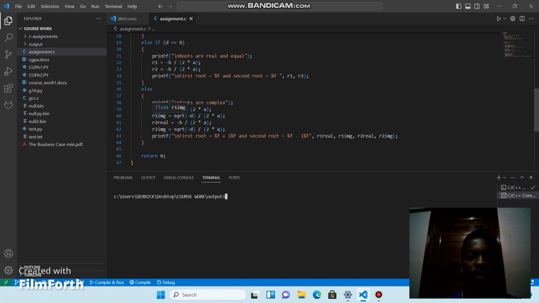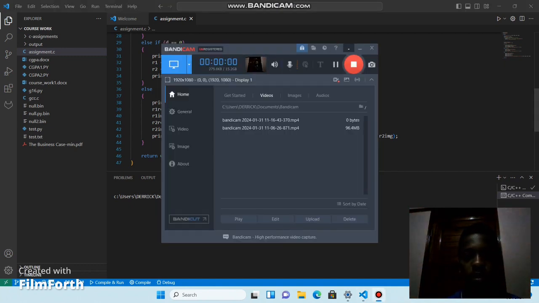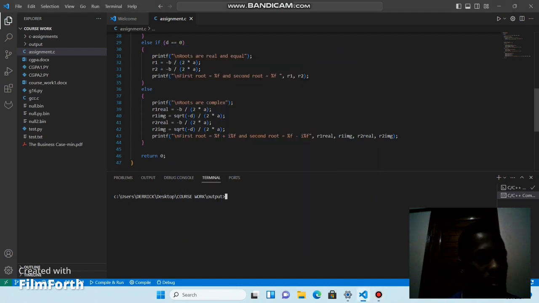Then for r1, the imaginary part, negative b is equal to 0, then we take the square root of the determinant divided by 2 times a, which is the same for root 2 and root 1.